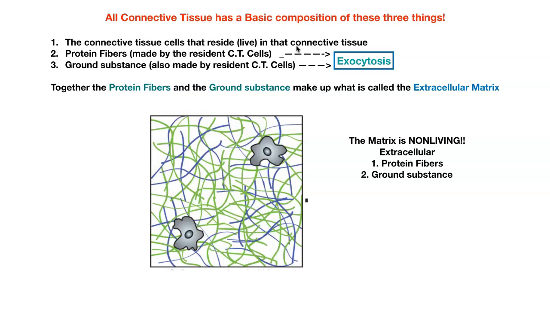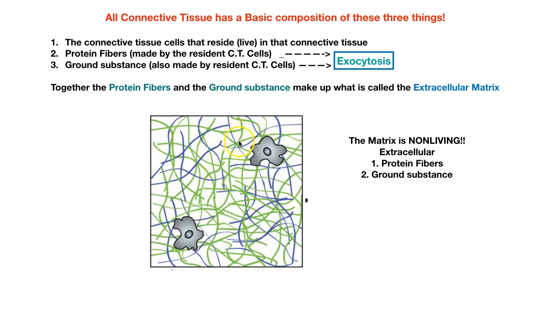And these connective tissue cells are going to be making protein fibers, and they are going to exocytose those protein fibers out into the intercellular space. Remember what exocytose means? Exo means outside, cyto means cell. So this is the movement of something to outside of the cell.